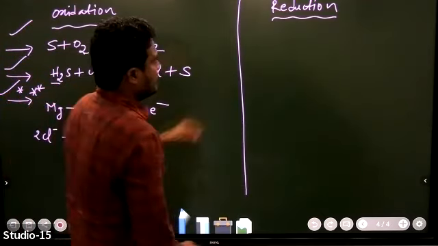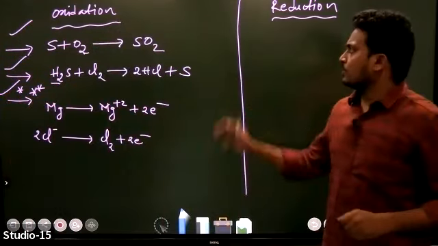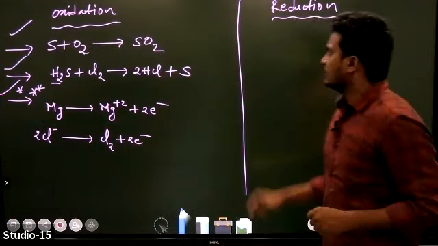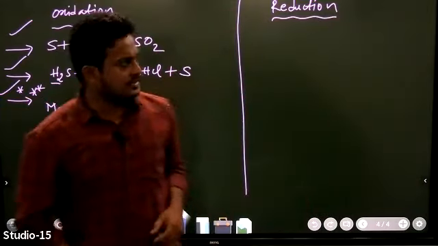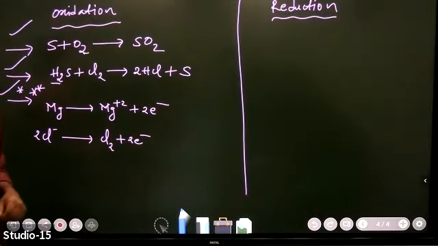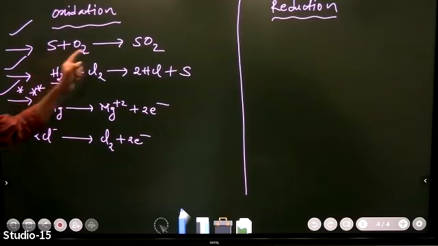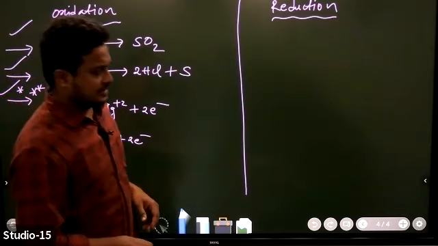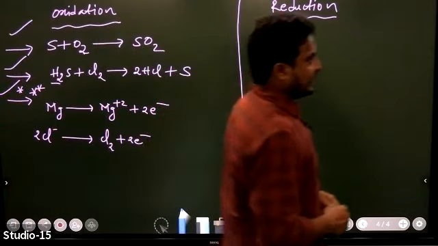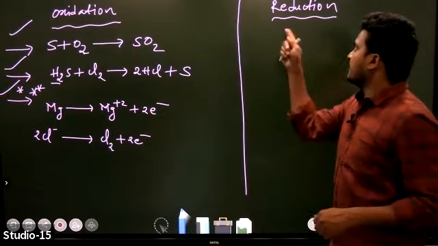Now coming to the reduction process, quite opposite to oxidation. Addition of hydrogen is called reduction, removal of oxygen is also called reduction, and addition of electrons is also called reduction.